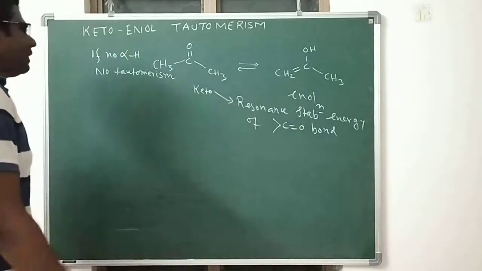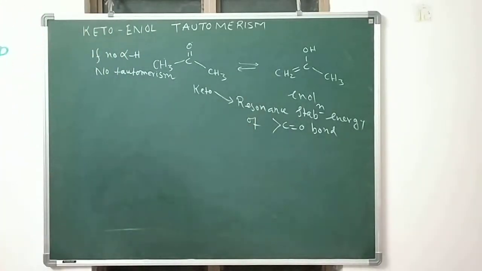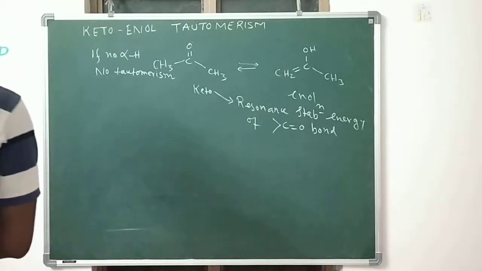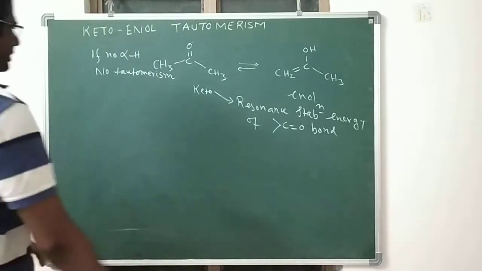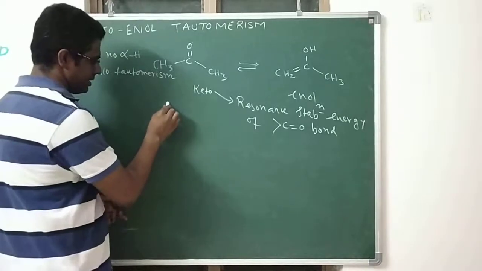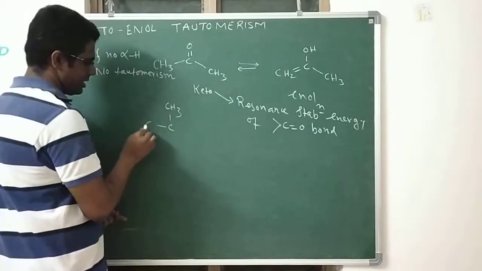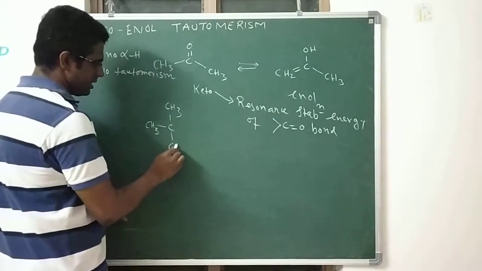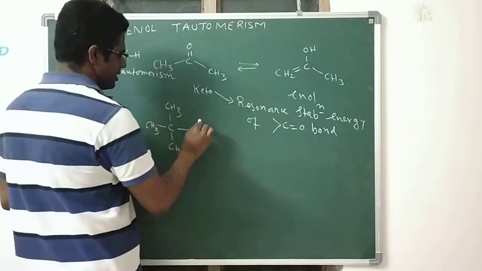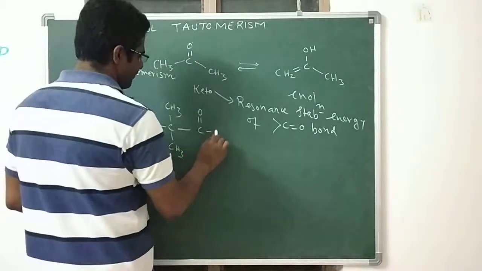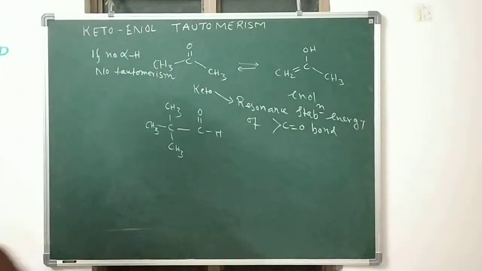Okay. Next, let us check one example over here. If the compound is like this, show keto-enol tautomerism.